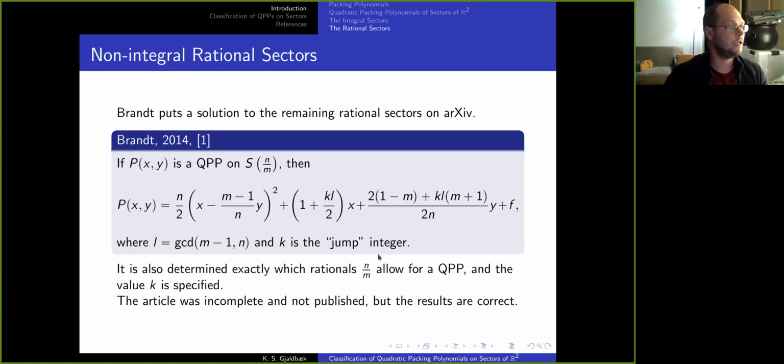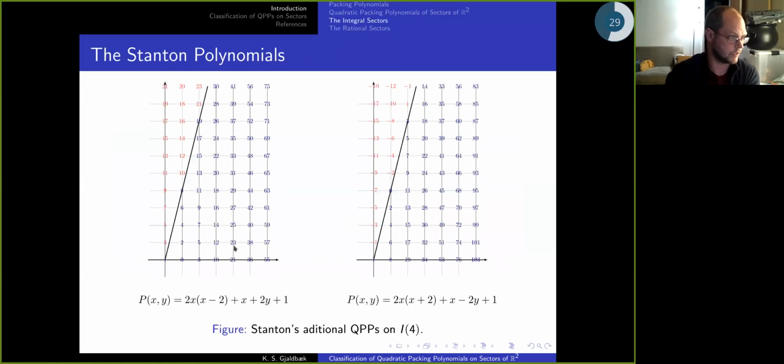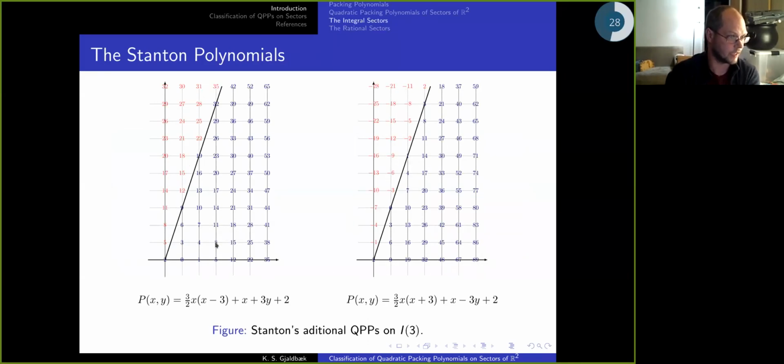For the remaining rational cases, Madeline Brandt put a paper on arXiv where she essentially gives a complete solution to the problem. This is the polynomial as it must look if it is a quadratic packing polynomial on a rational sector. Now, the number L is the greatest common divisor of m-1 and n, and k is what I just call the jump integer here, which is 2 in this case and 3 in this case, or -3.